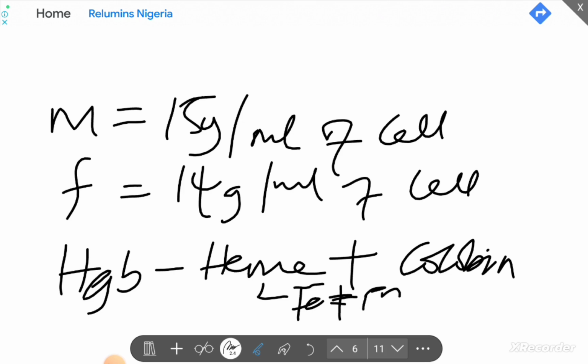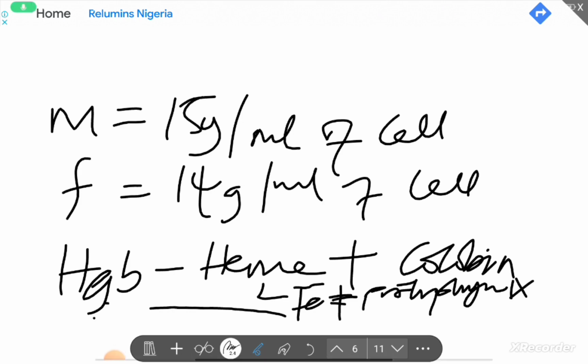Iron plus protoporphyrin 9 makes up heme. And you know that iron loosely binds to oxygen. The oxygen does not really form an ionic bond with iron because it has to be a reversible binding. So iron loosely binds with oxygen.